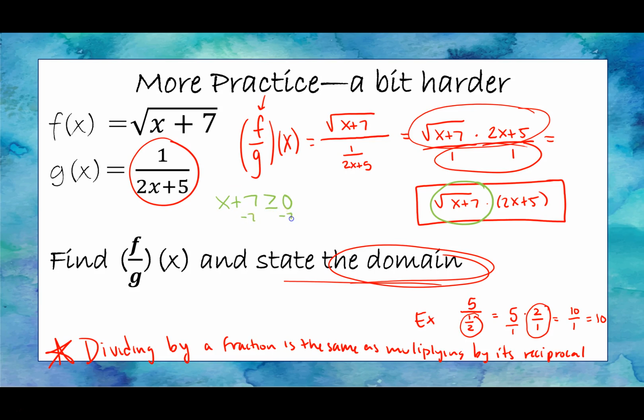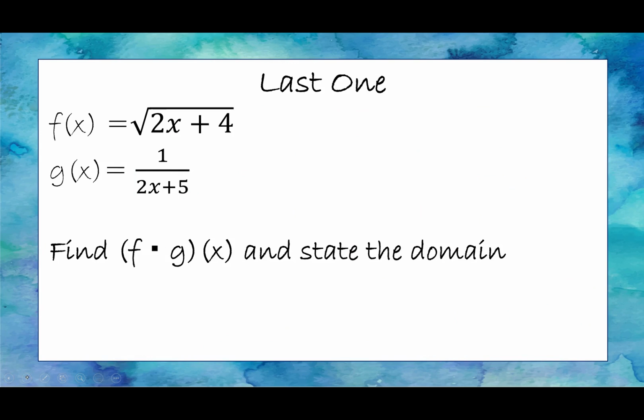Subtract 7, and I get x is greater than or equal to negative 7. So that's my domain. And if you want to, you could write it like from negative 7 to infinity. That would be my domain, or I could also say this right here. All right, let's do one more problem that's exactly the same type of problem, but we should be faster with it now.